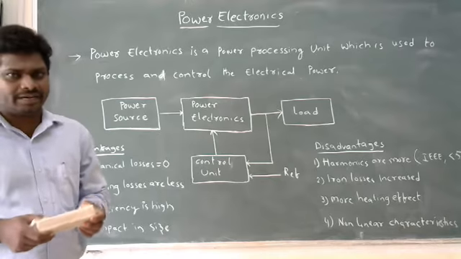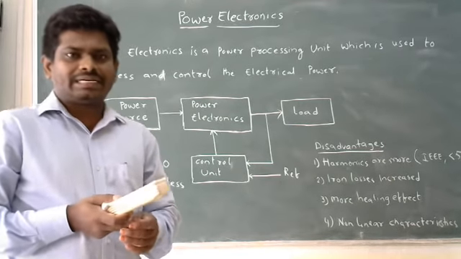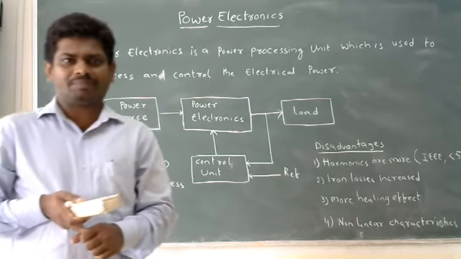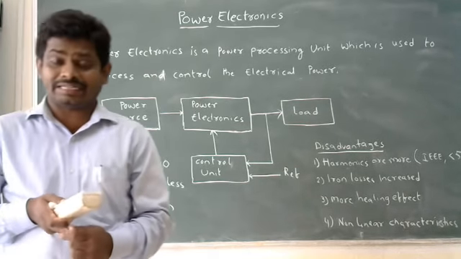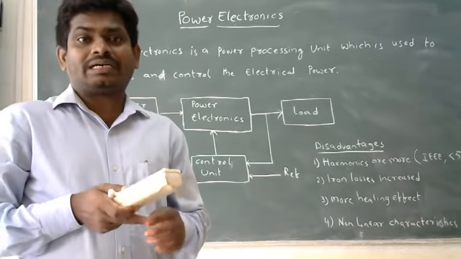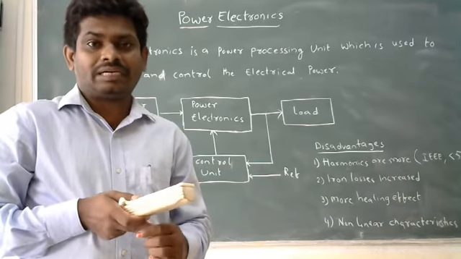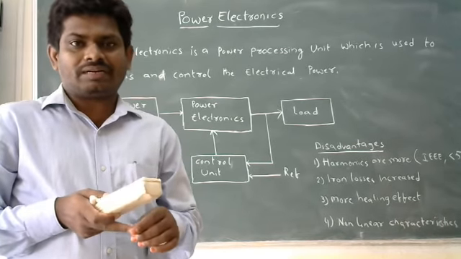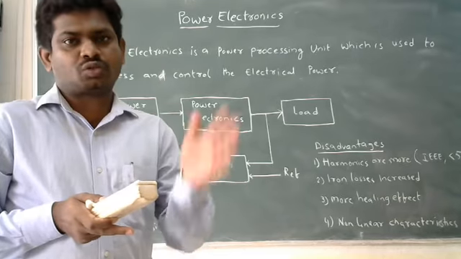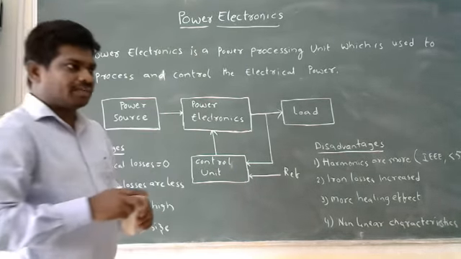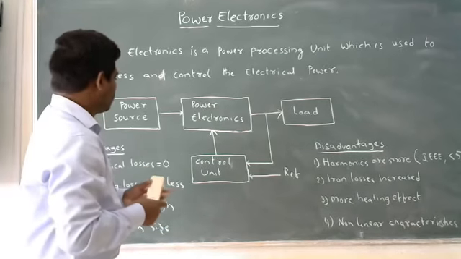Whatever AC is generated must be utilized at that particular time. But when you convert AC electrical power into DC electrical power, we can use that DC power at other times. That means we convert the AC power into DC power, store it in batteries, and utilize it at other times for different applications.